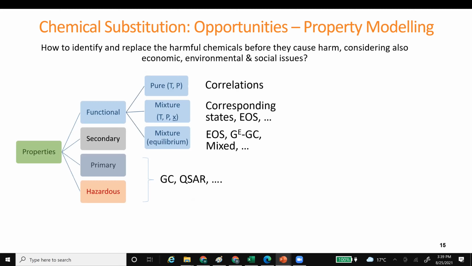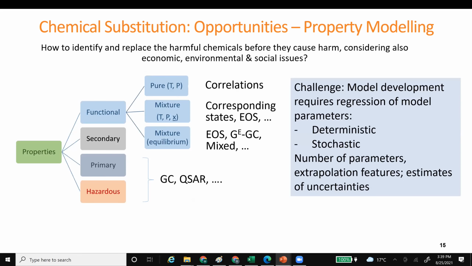But hazardous properties sometimes are not connected to the primary, secondary, or functional properties. They have to be correlated directly with the data. So we have the means to do the calculations, but what we need are the primary and secondary properties as a start, and that could be a very good start to fill out the gaps. Again, the challenge is model development, which will require regression of model parameters.